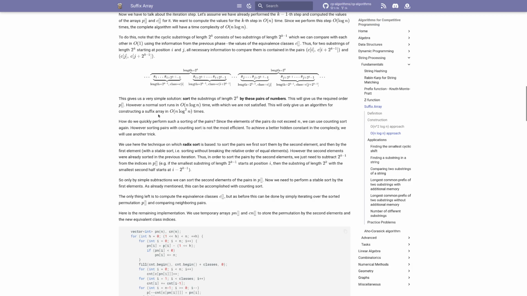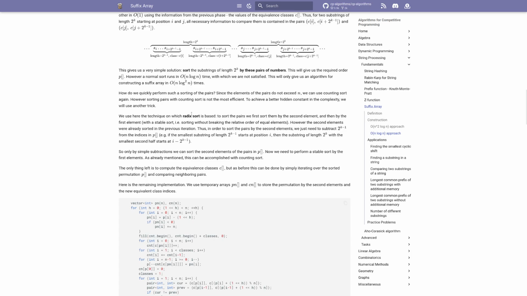This will only give us an algorithm for constructing a suffix array in n log squared n time. I'm not good at strings, so maybe there are some other algorithms.